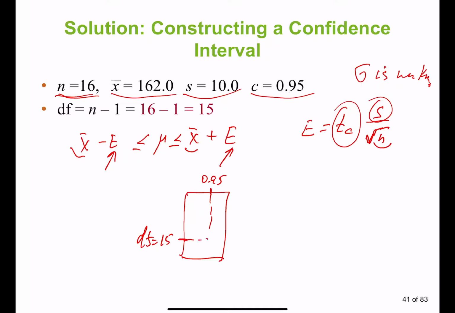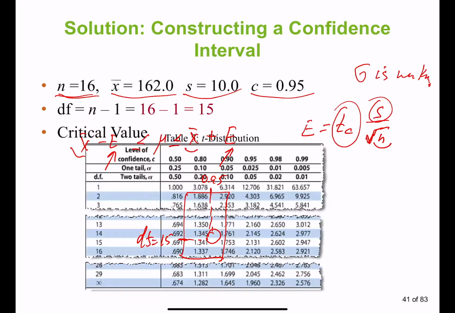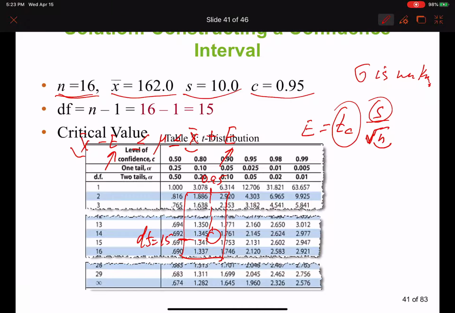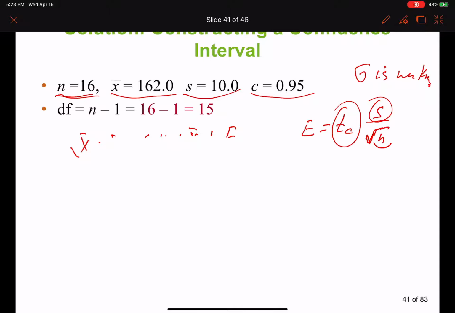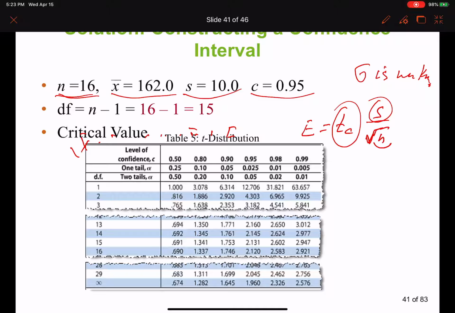See how much it gives you for t critical. And let's see, you should get, okay, we have it here also. It's going to be 2.131.